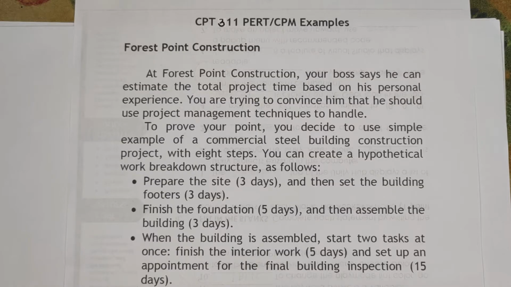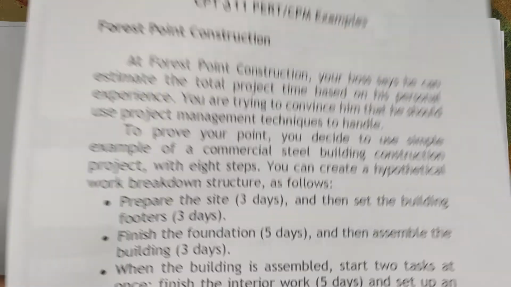You can create a hypothetical work breakdown structure as follows. Prepare the site in 3 days and then set the building footers in 3 days. Finish the foundation in 5 days and then assemble the building in 3 days. When the building is assembled, start 2 tasks at once. Finish the interior work in 5 days and set up an appointment for the final building inspection in 15 days.